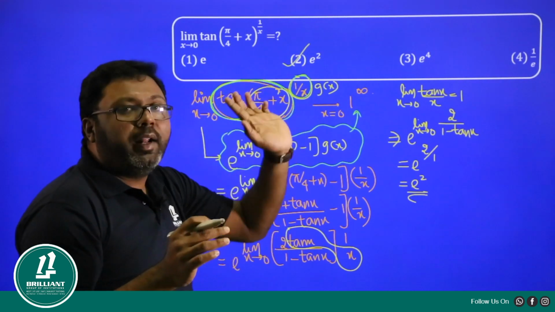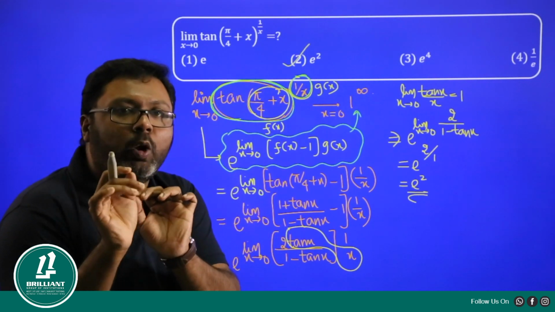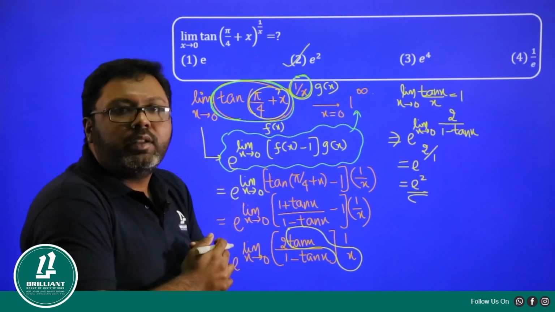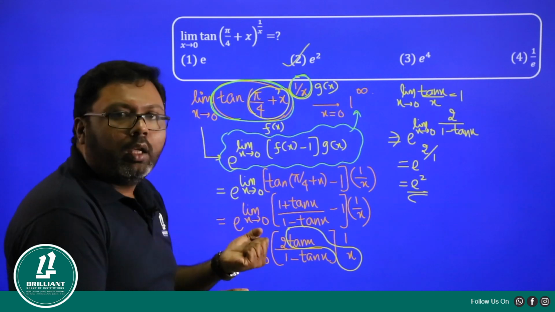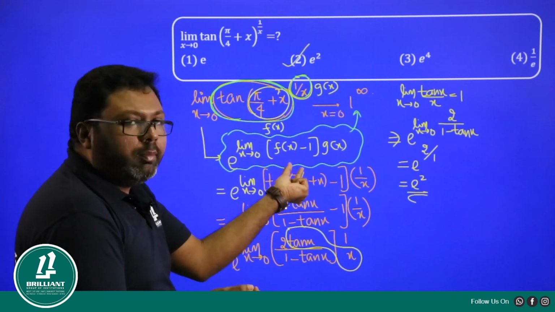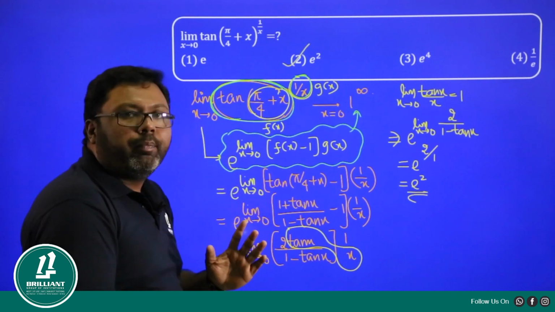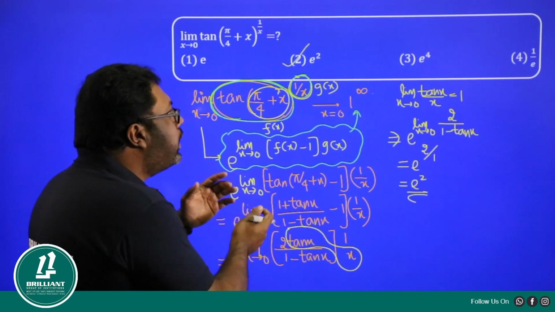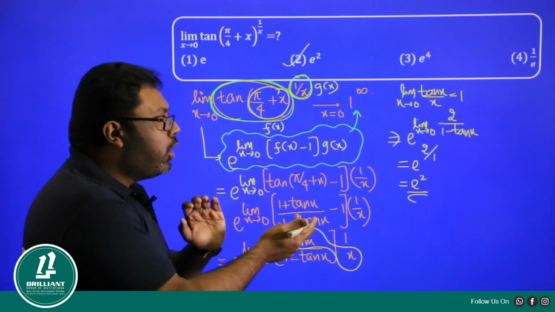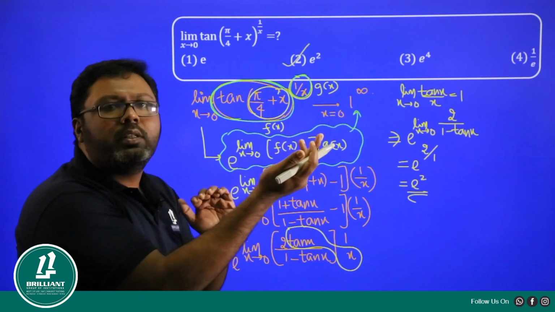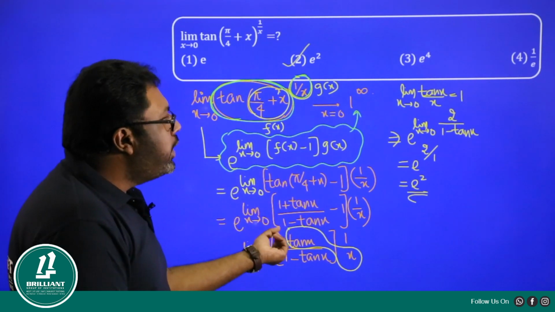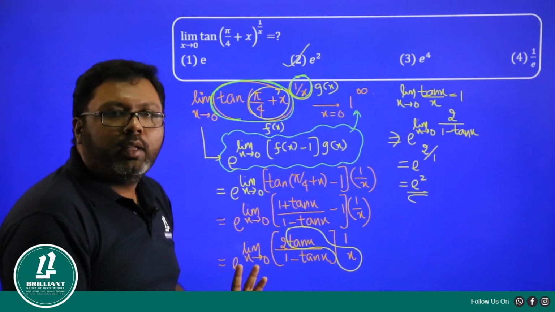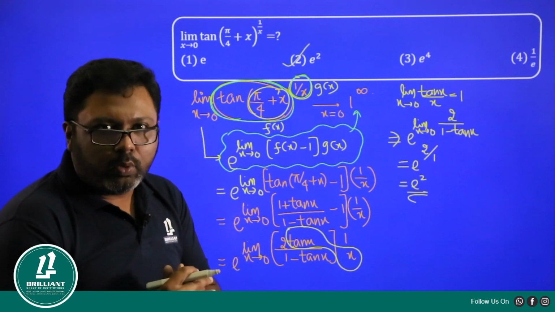You have a variable in the power, the logarithm properties. e is the inverse of natural log. So you're going to be applying this shortcut formula. You can easily write it. If you want, you can learn it. Otherwise, you have to apply log on both sides. Call it y and apply log on both sides. You can do it that way also. It is much longer. If you know this, it's short. That's why I'm doing it in this method. I hope it's clear.